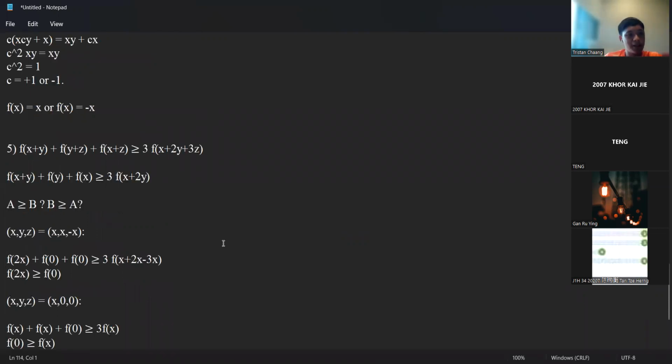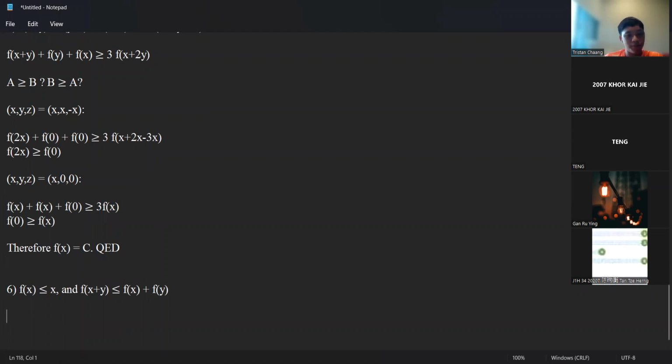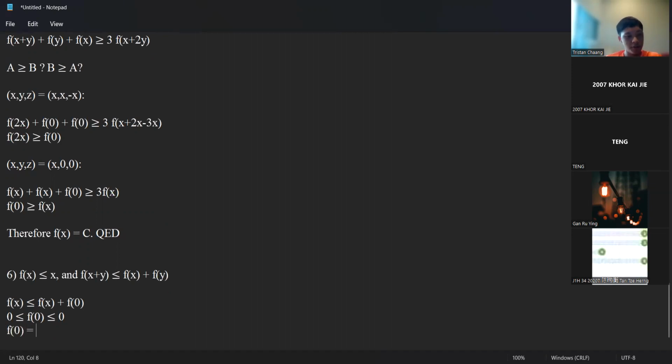Now, as someone said, if you put, say, y equals 0, then f(x) is less than or equal to f(x) plus f(0). So 0 is less than or equal to this. But by the first inequality, this is less than or equal to 0. So first thing we can say, f(0) is 0.